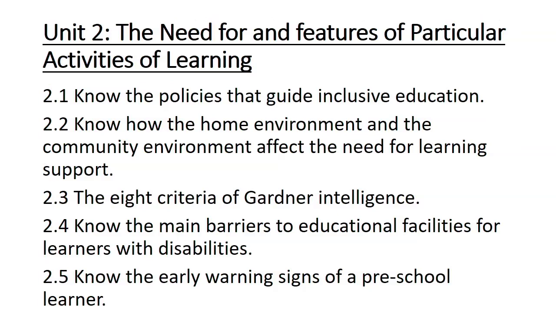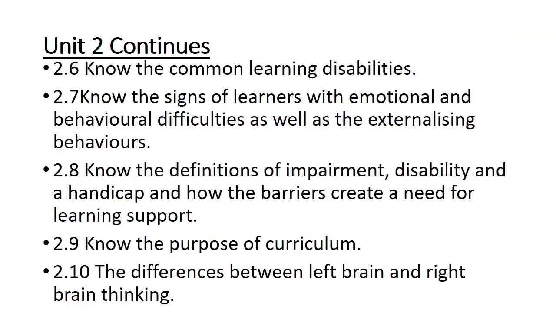So what are the main barriers? Know the early warning signs of a preschool learner. The signs that a preschool learner has. So you know those signs. Know the common learning disabilities. There are different disabilities, so you should know them.